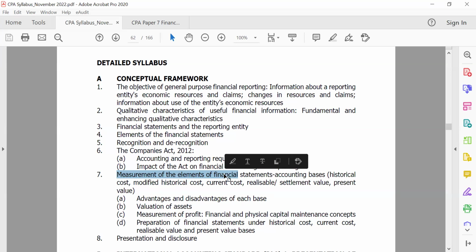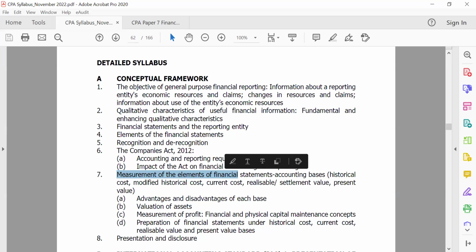How do we value assets? How aspects of measurement of profits, understanding that we have two concepts, the financial and physical capital maintenance concepts. Then the preparation of financial statements under historical cost, current cost, realizable value, and present value.